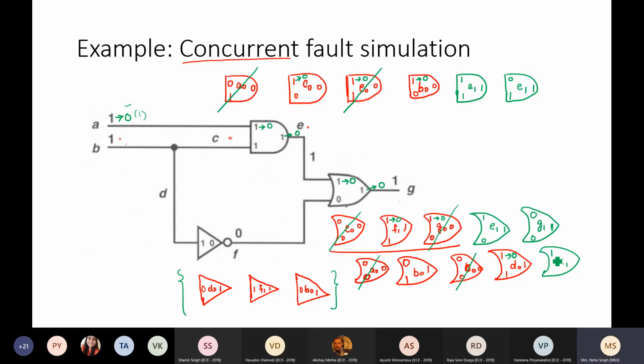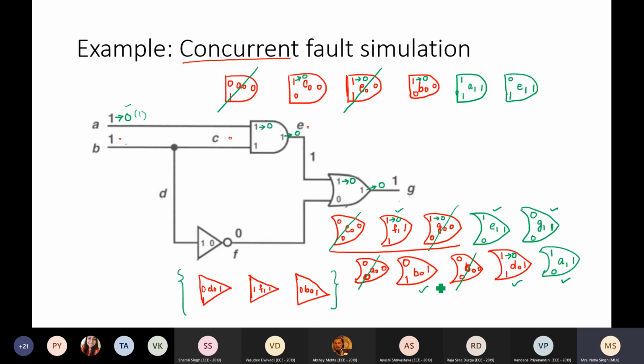So the first input becomes 1. The other input remains 0, so the output is still 1. From F we will not look at propagation because there is no event on F, so we will not look into this wire. Only the wires and gates at which the event occurs are considered. So now my updated fault list consists of 6 faults: F1, E1, G1, B0, D0 and A1.